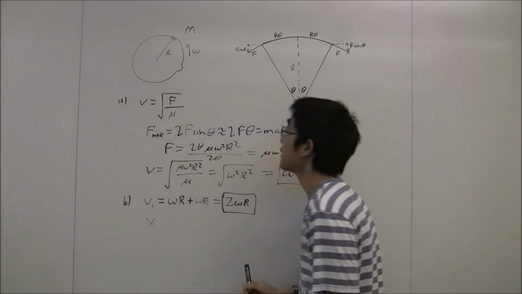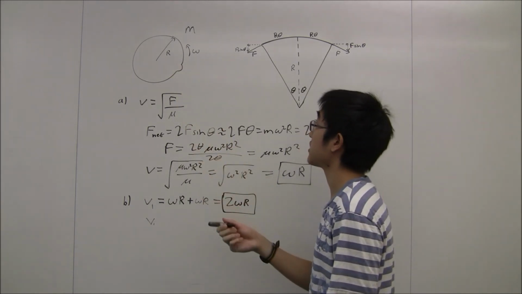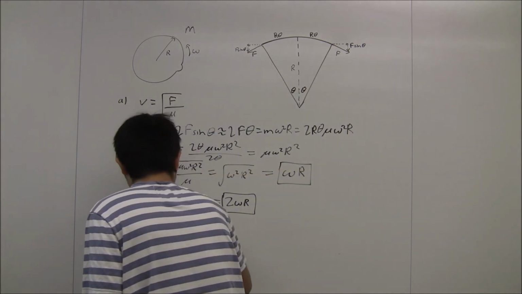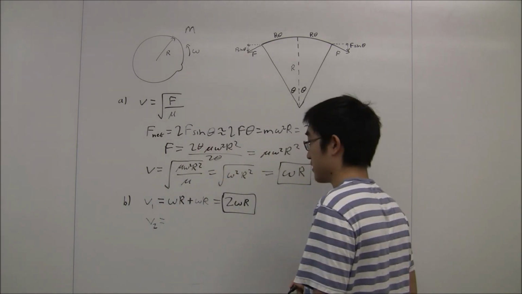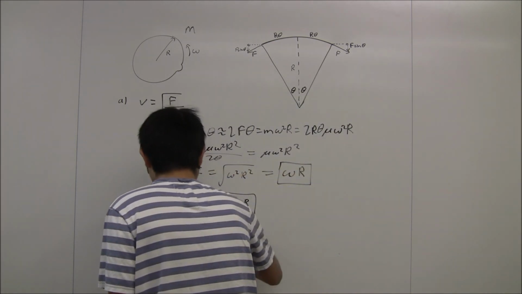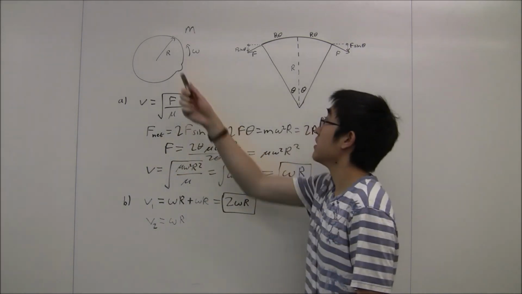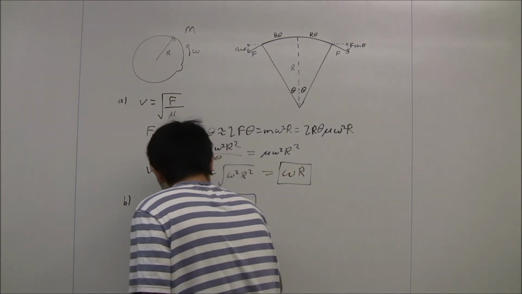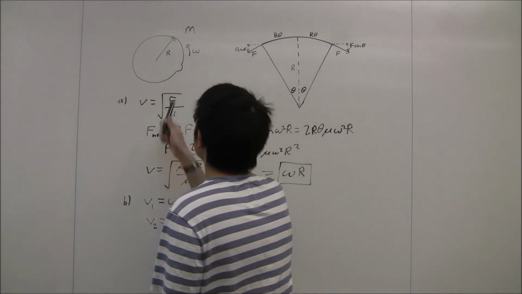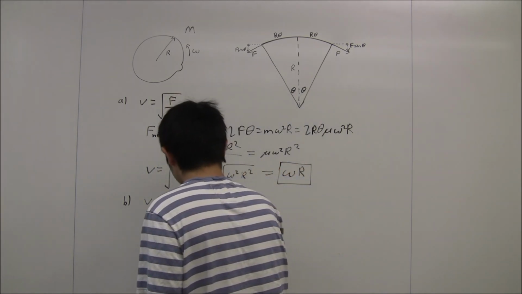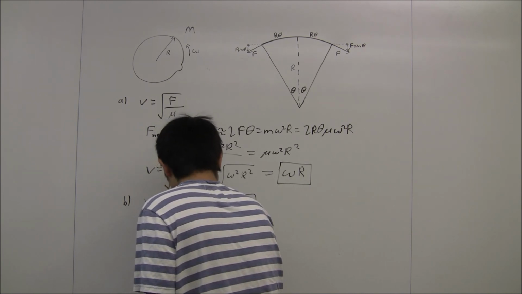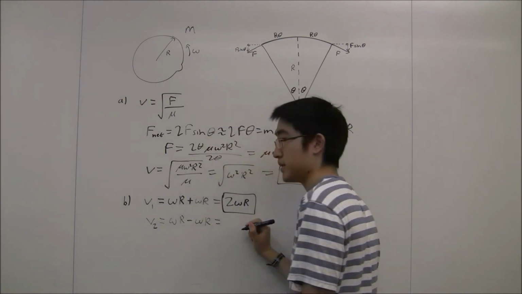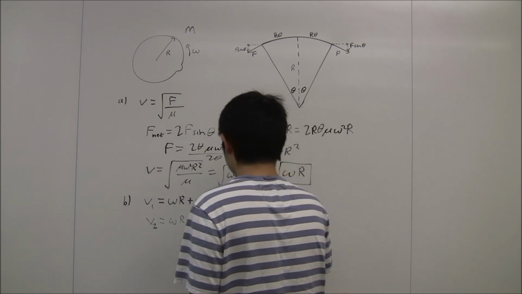Now, if the wave is traveling in the opposite direction that the loop is rotating in, then the velocity is going to be omega times big R, which is the speed of the rotating loop, minus the velocity of the wave relative to the loop, which is going to be omega R, which means that the second possible speed of the wave relative to the laboratory is just 0.